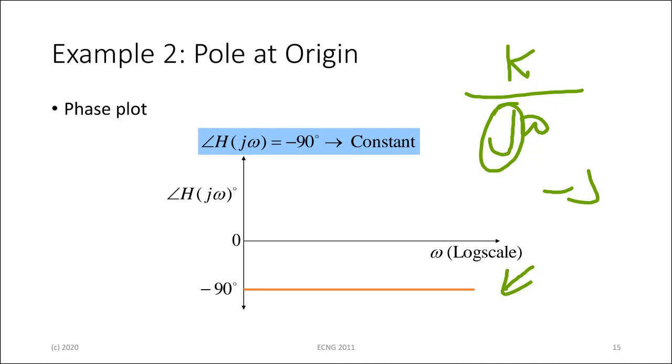So for a pole at the origin, the frequency response decreases in the log scale at minus 20 dB per decade, linearly all the way down, and the phase is minus 90. So it's always minus 90 degrees out of phase with whatever signal was driving it. Fair enough?